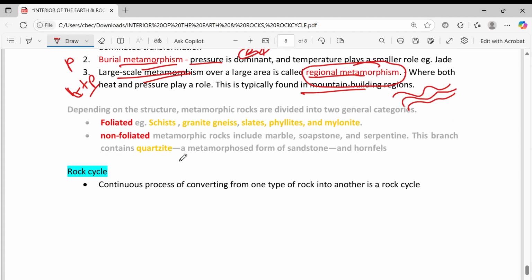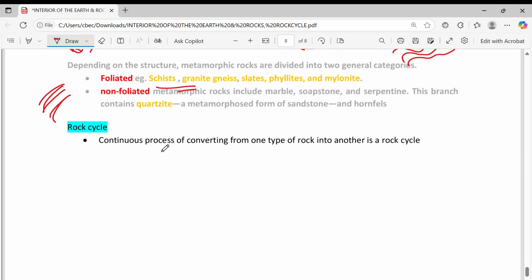Then foliated and non-foliated; simply remember the examples. Foliated means layer by layer. Then the rock cycle means the conversion of, for example, igneous rock, sedimentary rock and metamorphic rock into one another. One rock keeps converting into another rock.